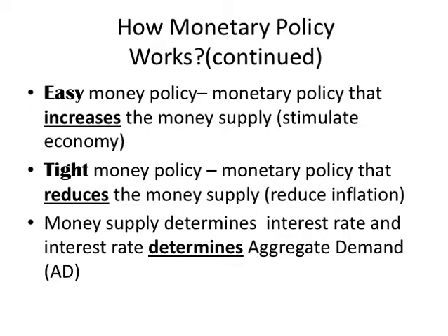If we're growing too fast, we would want to tighten up the money policy, meaning that we'll have less cash available to the economy, which then results in the amount of spending being reduced because interest rates are tied to that as well. Easy, we stimulate the economy. Tight, we reduce inflation.